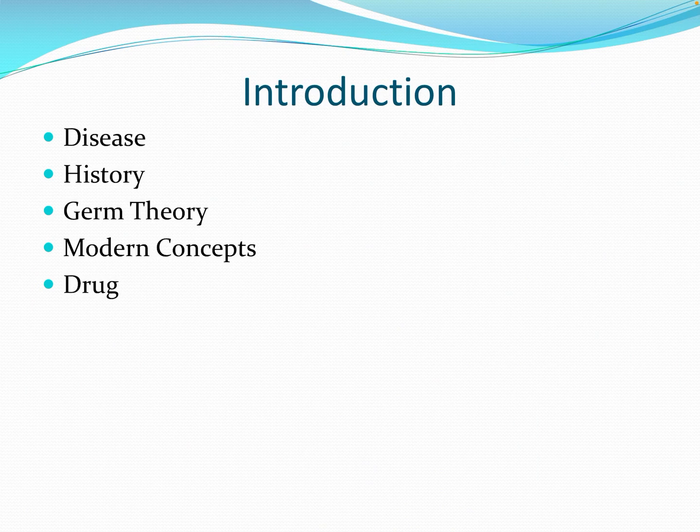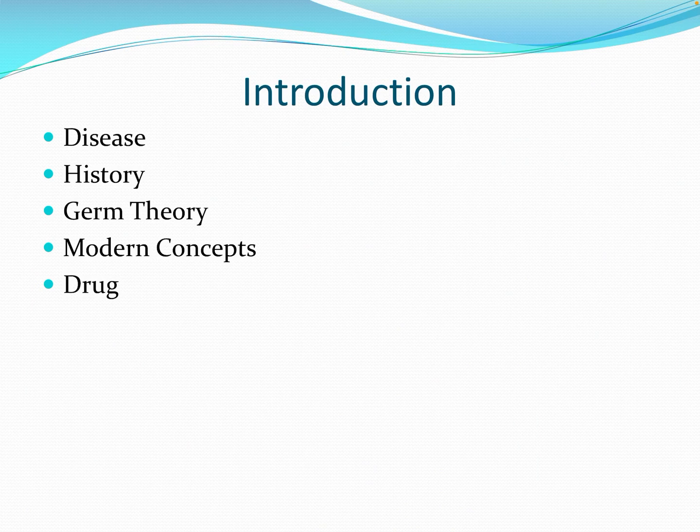So a drug, what is a drug? A drug is any substance that modulates a health condition in a desired way. That is a very broad definition of drug. In the initial years of the history of drugs, drugs were used on an experimental basis, trial and error method.